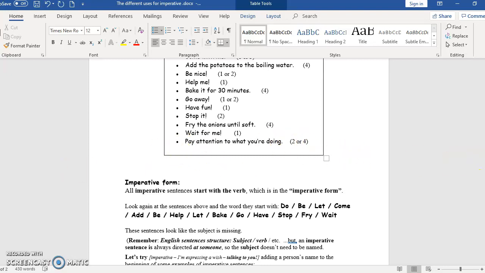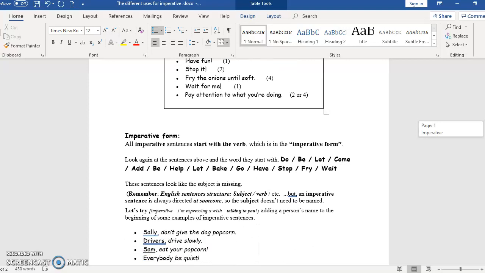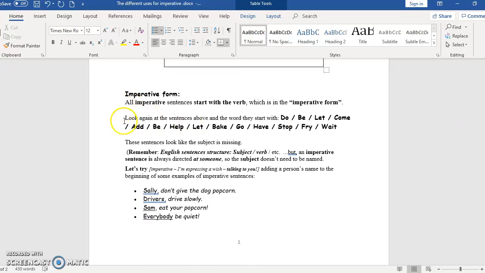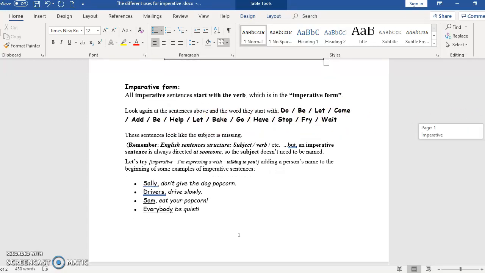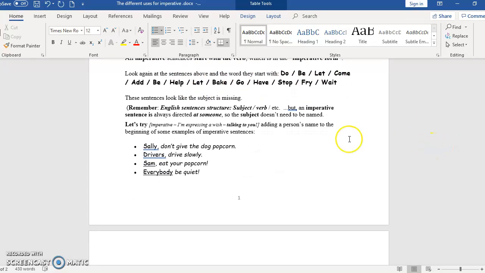But when you use the imperative, you don't really have to be polite. But of course you can say please if it's important to you. So here, if you look at the sentences above, you see they all start with the verb. Do, be, let, come, add, be, help, let, bake, go, have, stop, fry, wait. Okay? It's always the action.